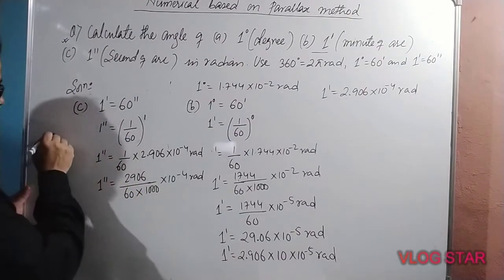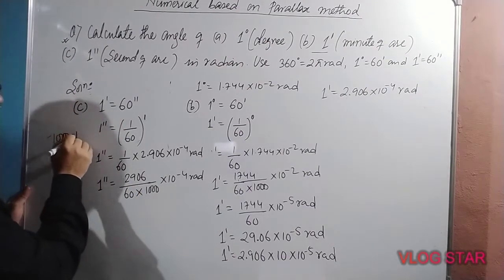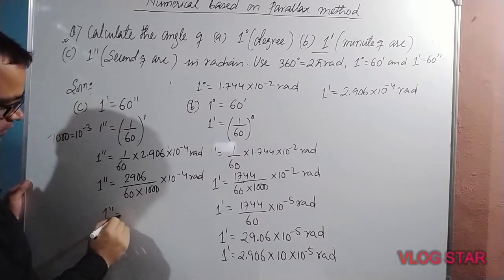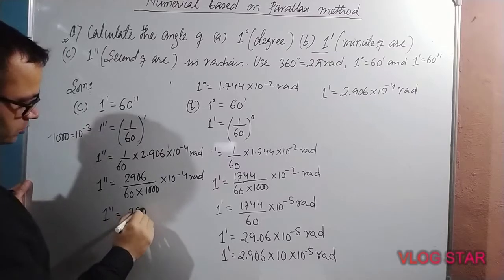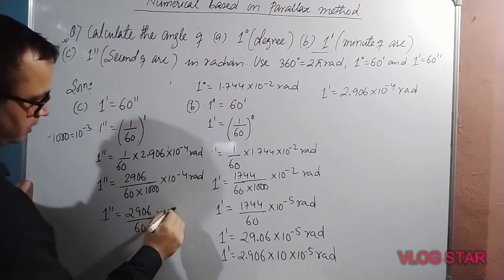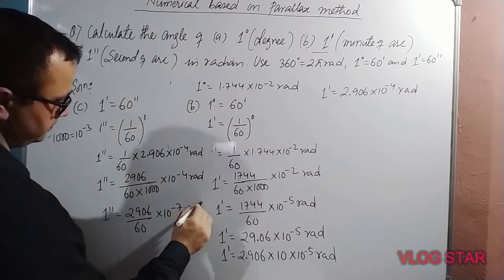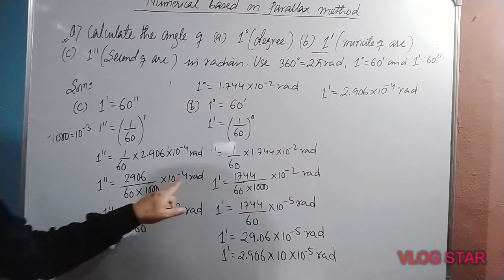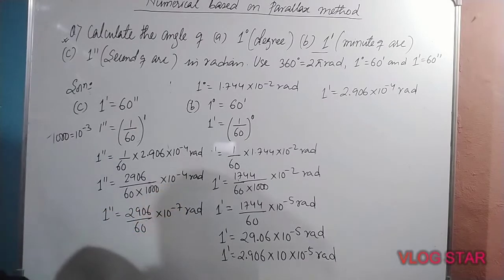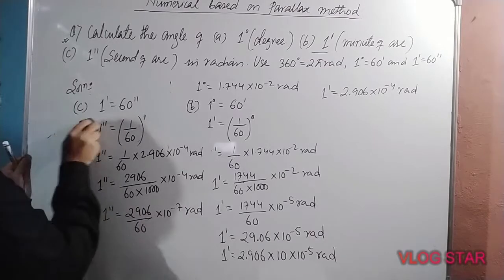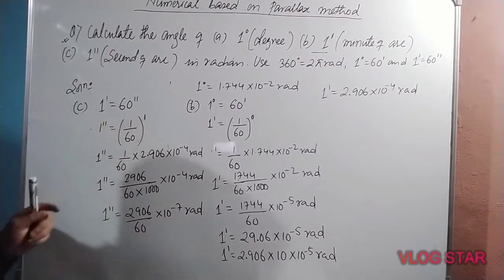So 1000 is 10 to the power 3, so 1 second equals 2906 by 60 into 10 to the power minus 7 radian, since 10 to the power minus 3 minus 4 is minus 7. Now divide 2906 by 60.